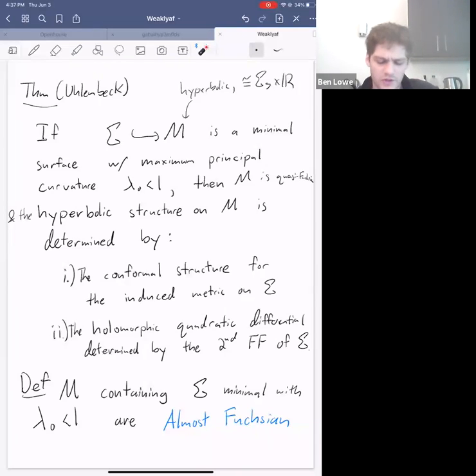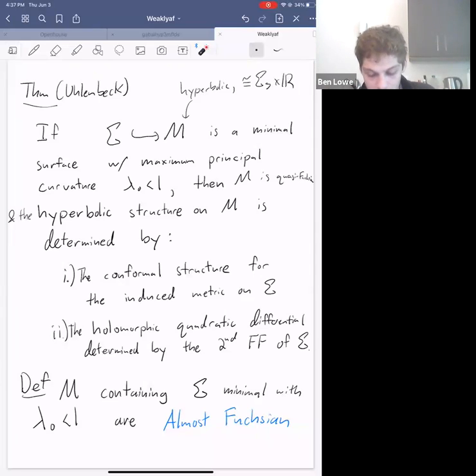And the principal curvatures are a way of measuring how much the surface is bending relative to the ambient geometry. So for example, if you're totally geodesic, then the principal curvatures are just going to vanish identically. Okay. But in general, they're telling you the difference between the curvature of your surface in its induced metric and the ambient curvature.